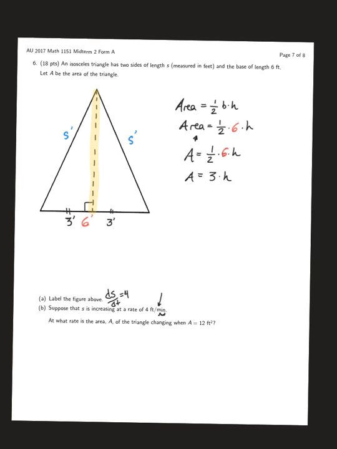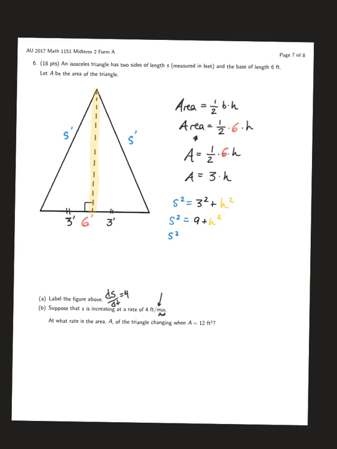So we know that the hypotenuse squared, which is s, is equal to 3 squared plus height squared. So we know that s squared is equal to 9 plus h squared.